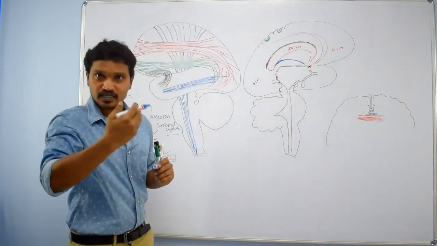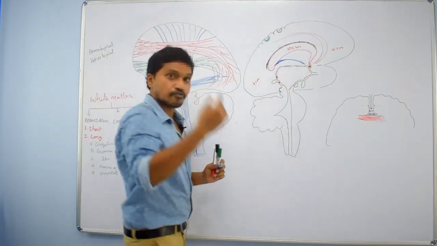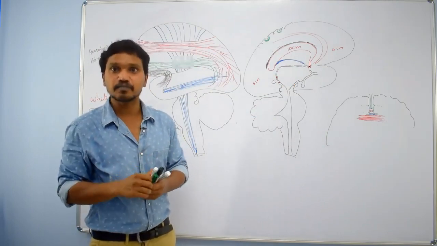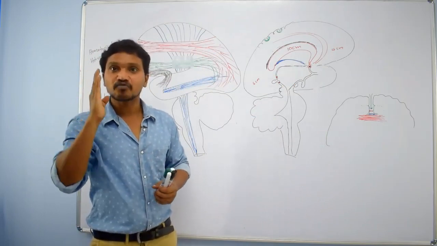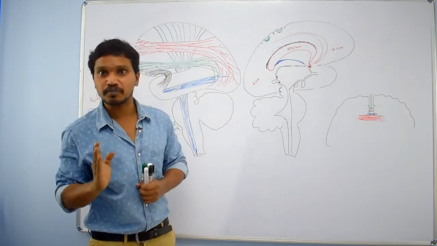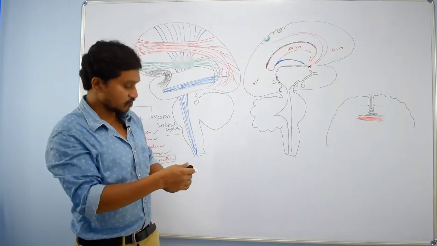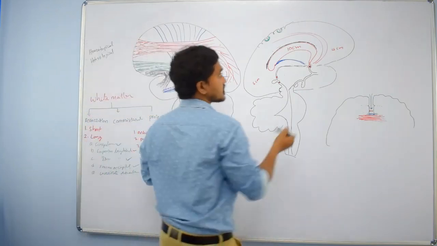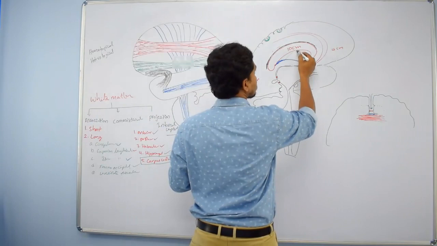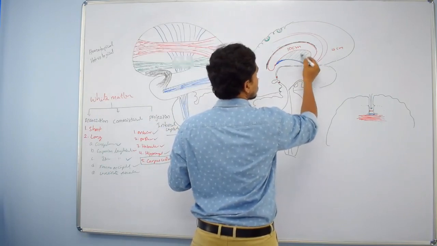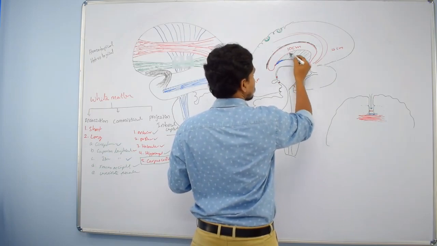This gap is filled by one septum. That septum is a bilaminar fold of nervous tissue, what we call septum pellucidum or septum lucidum.